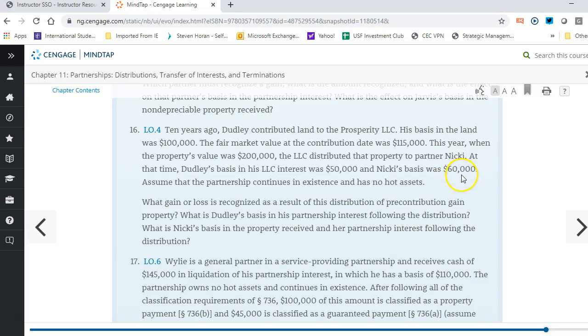So it now goes to 0, and now she receives a basis in the property of what her partnership basis was, 60. So basically, her partnership basis is 0, and we just took that $60,000 basis and assigned it to the property, which she now owns, not the partnership anymore. So when she goes and sells the property, if she ever does, she'd compare the money received against the basis of 60 to compute capital gain or loss.